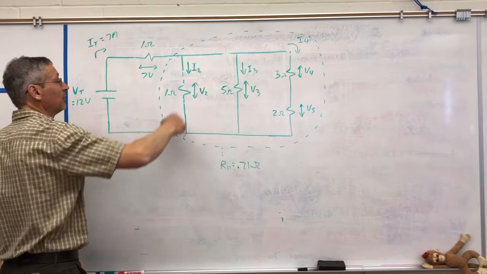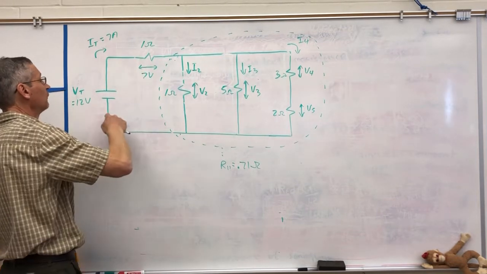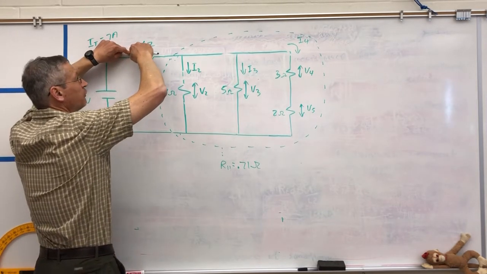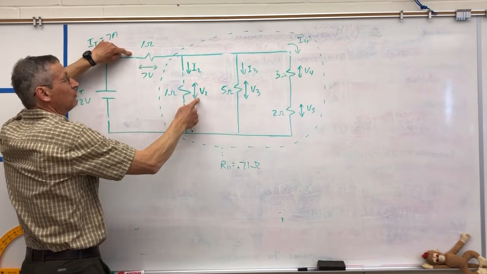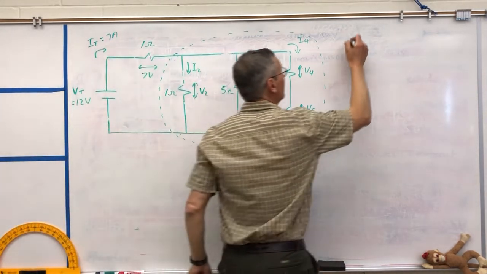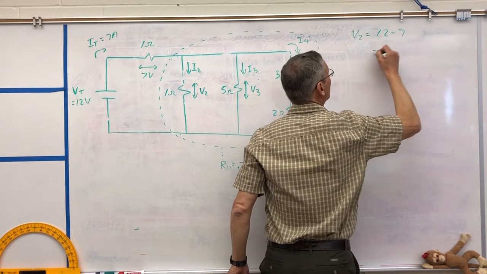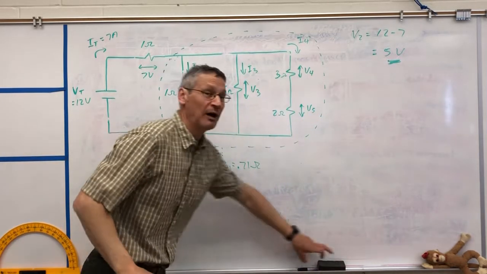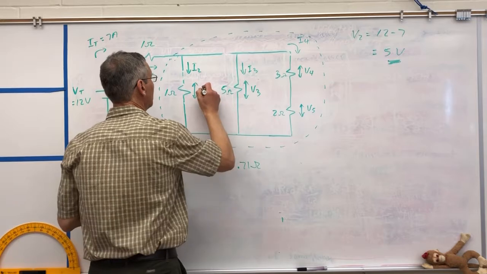In any circuit, the increases are equal to the decreases. The gains are equal to the losses. If you gain 12 volts here, you got to lose 12 volts through the rest of it. If you lose 7 here, you're going to have to lose 5 here. So V2 is going to be equal to 12 take away 7, which is equal to 5 volts.